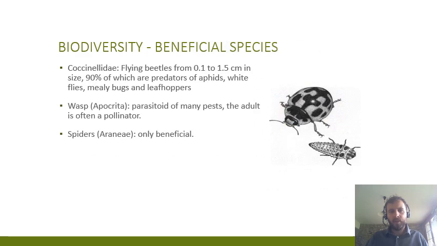Then you have the ladybugs, which are predators of aphids, whitefly, bugs, leafhoppers. All of the wasps are predators and can kill different pests, and the adult is often a pollinator as well. And then you have the spiders, which are not insects but are mostly hunting, either at their nest or actively hunting, but that do not attack the plants and kill the pests.